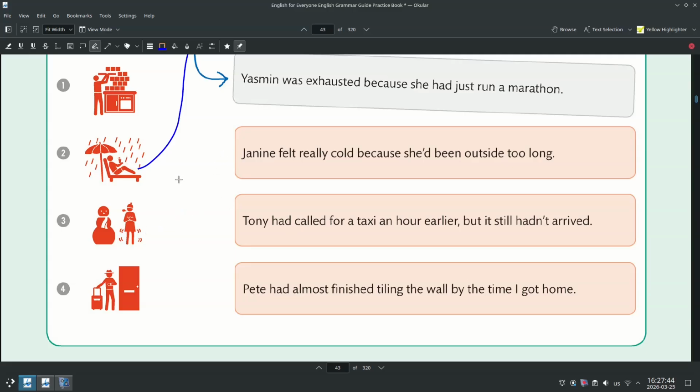Picture number 3. Tony had called for a taxi an hour earlier, but it still hadn't arrived. Number 4. And last one. Pete had almost finished tiling the wall by the time I got home. Picture number 1.